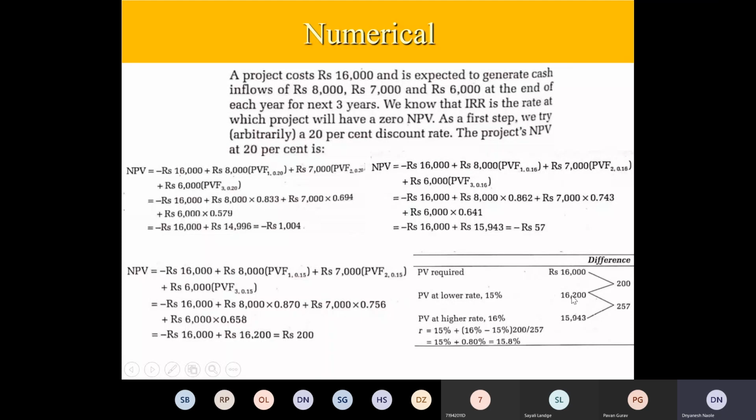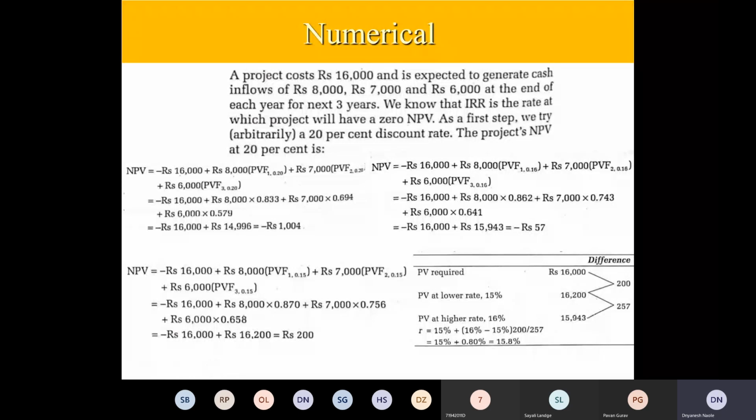Okay, so now from 16,200 to 16,000, if you want to go, that is a difference of 200. What should be the change in the discount rate? It is a simple interpolation kind of thing. So 16 minus 15, that is 1%, for 257, then for 200 how much? Are you getting? So that comes to 0.8.